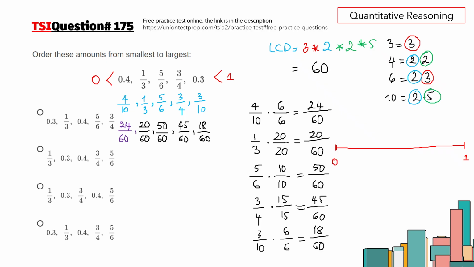Knowing that, we divide in half. At 1 it means 60 out of 60. At 0.5 right here, it is 30 out of 60. At 0.25 that is 15 out of 60. At 0.75 it is 45 out of 60.